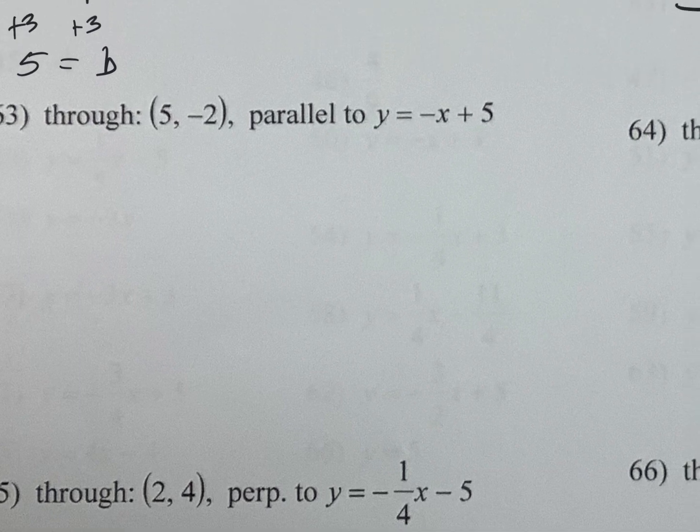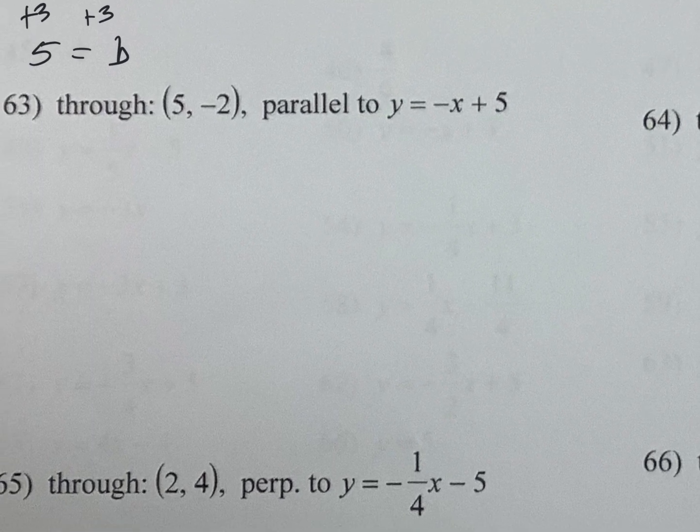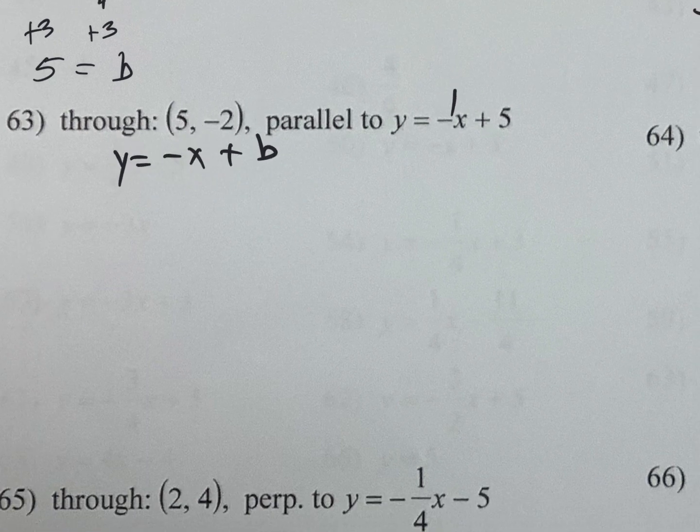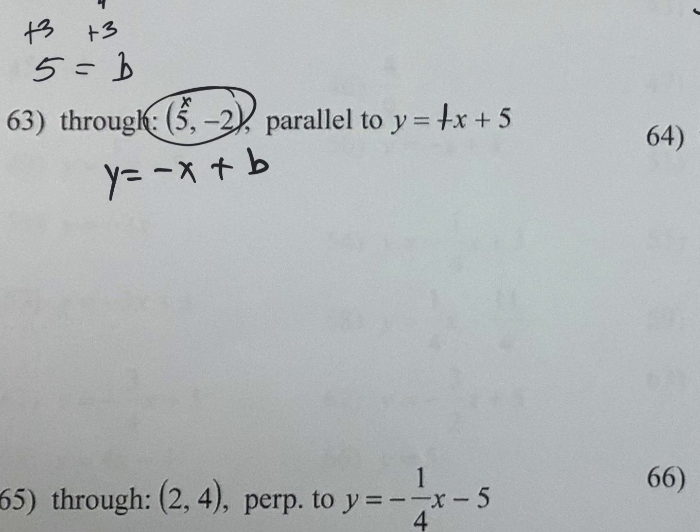Again, what is your slope of that line that they gave you? Negative 1. Okay, so you want the parallel slope, so y equals, again, negative x, or negative 1x, and substitute the values. So now we substitute your x and your y values.